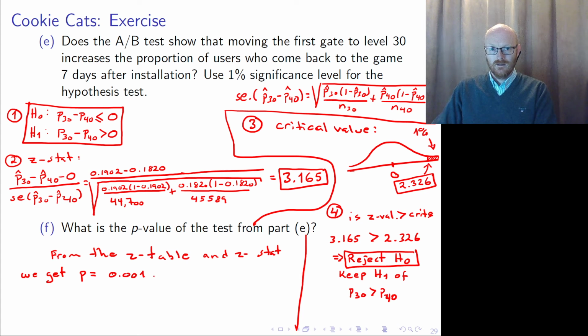Okay, so if H naught of no difference is true, then our result is very unlikely.